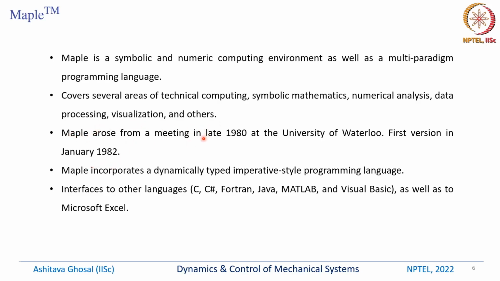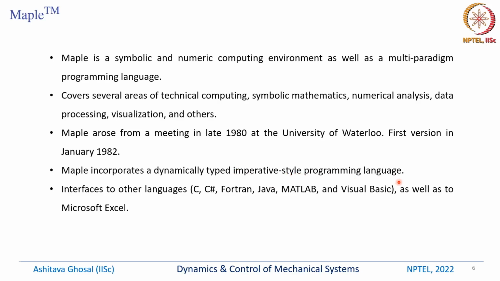Maple rose from a meeting in late 1980 at the University of Waterloo in Canada. The first version was available in January 1982, so it's a fairly old and mature software. Maple incorporates a dynamically typed imperative style programming language. We'll see what it means.